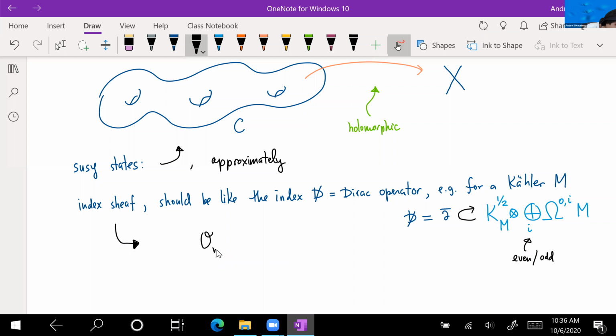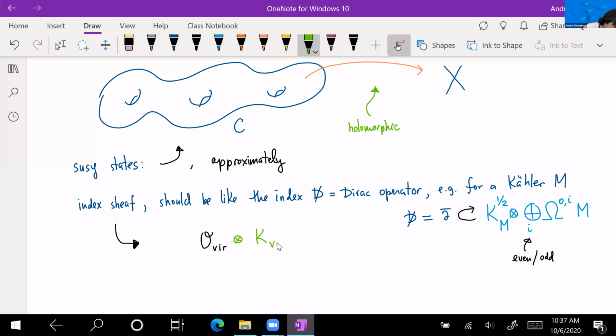This is this part. But then it has to be twisted by the square root of the virtual canonical.